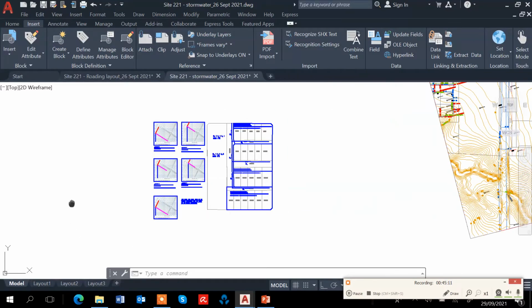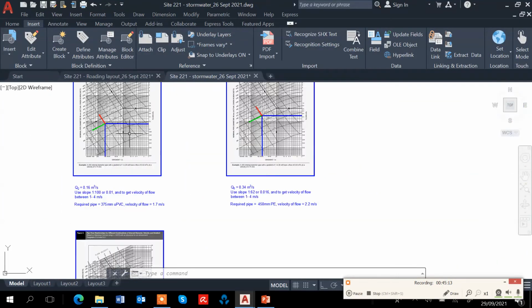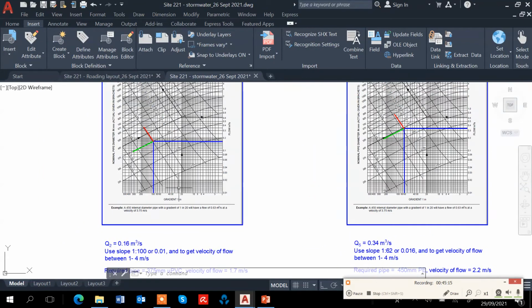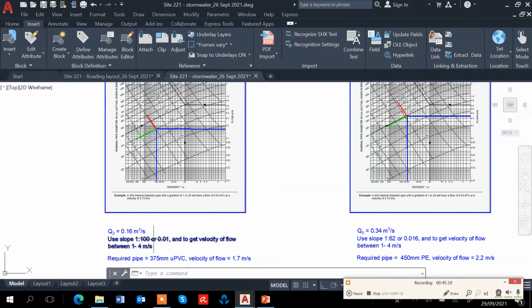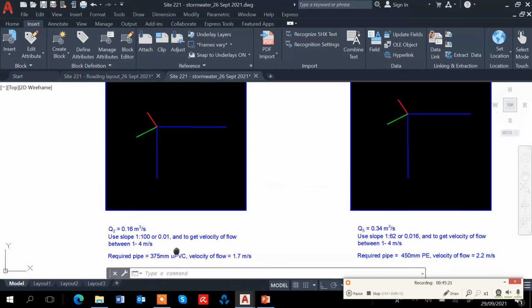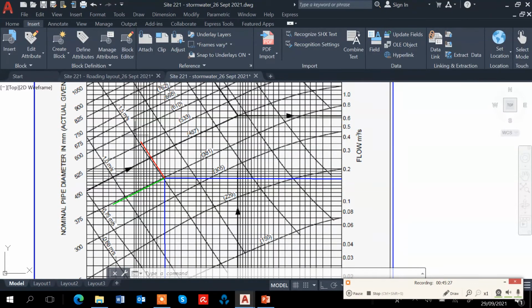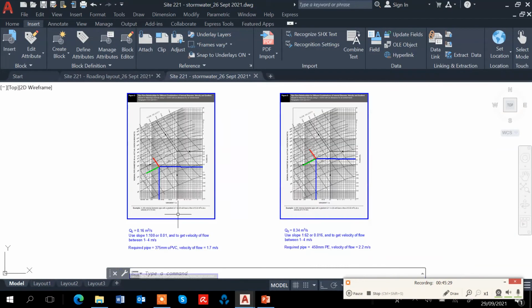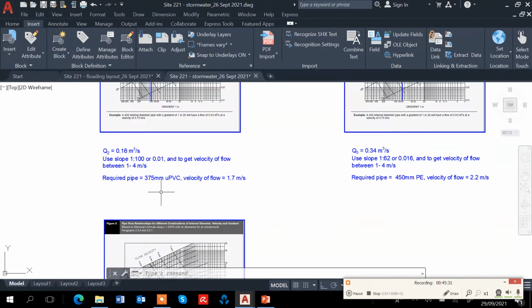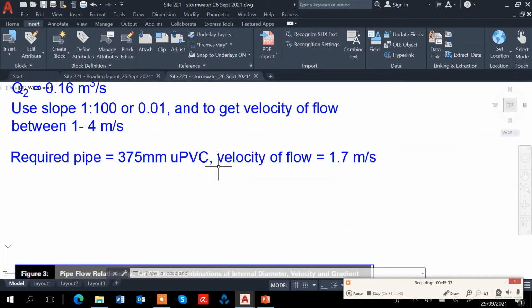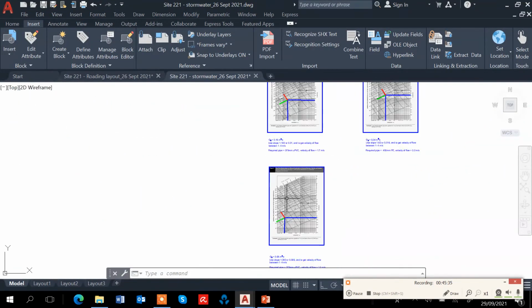Same thing for the Manning formula, this one is 100, also about 375, and the speed is about 1.5, 1.6. So I use 375 UPVC and velocity of flow 1.7.